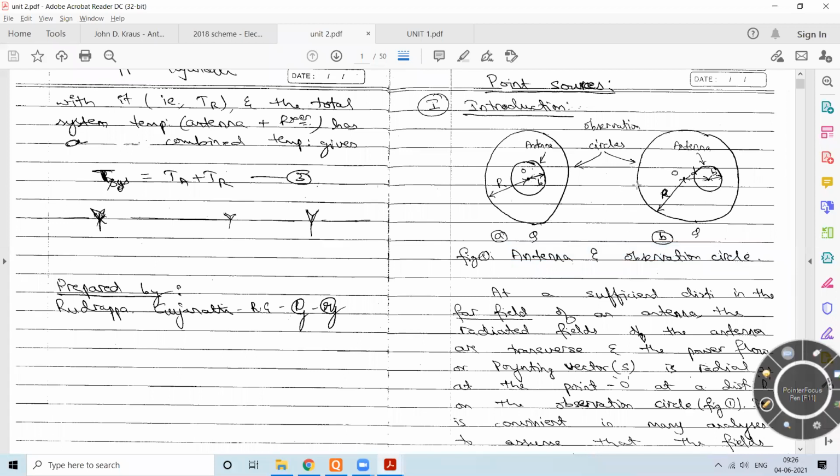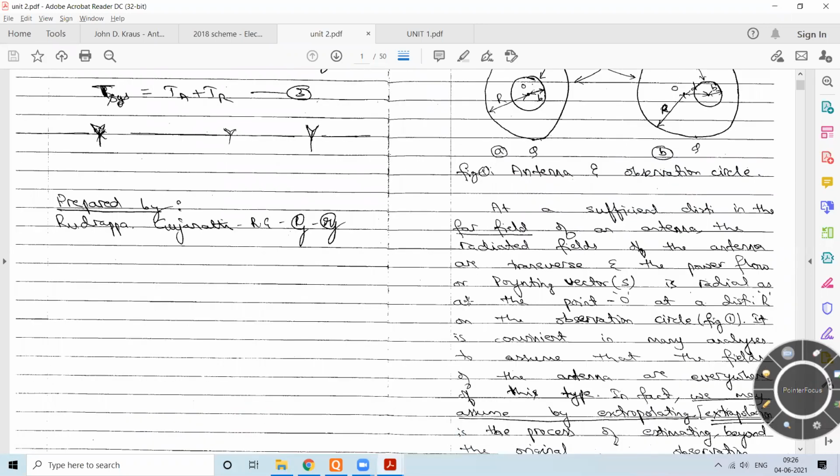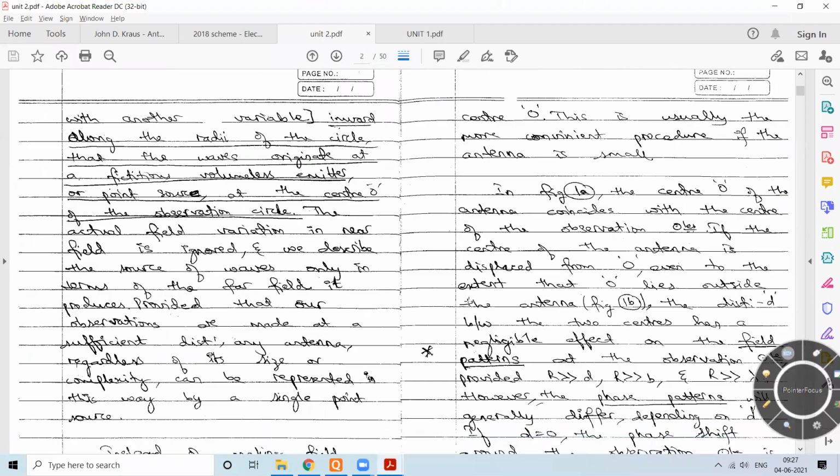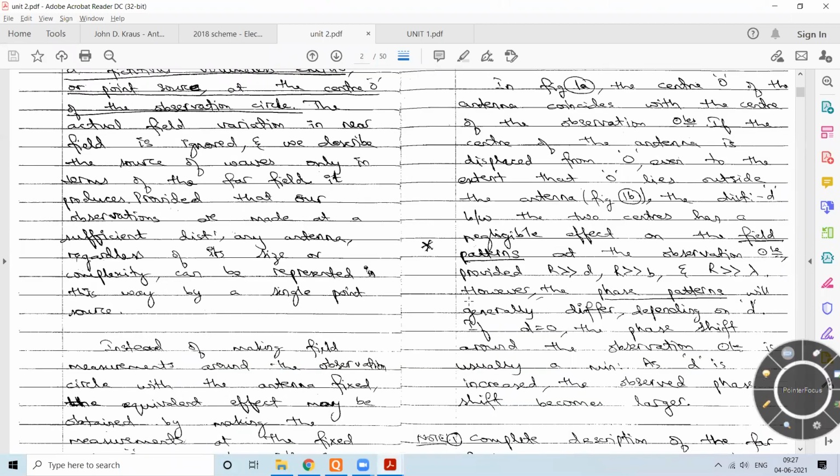The other is to keep the observation point constant and rotate the antenna under consideration. So indirectly you are moving the point around the observation circle. This is with respect to point sources and how you make observations in the antenna domain.